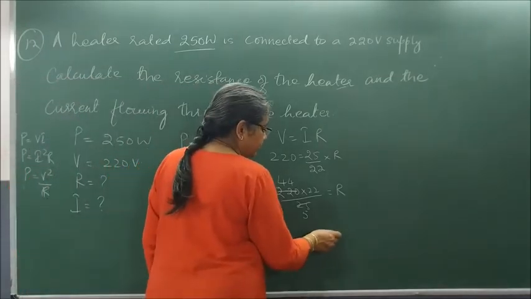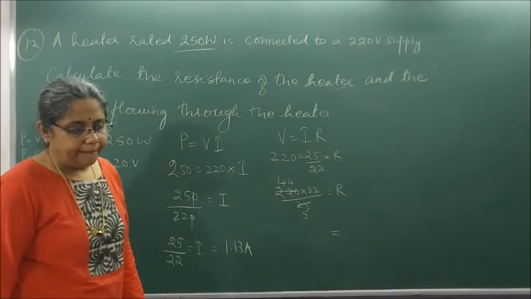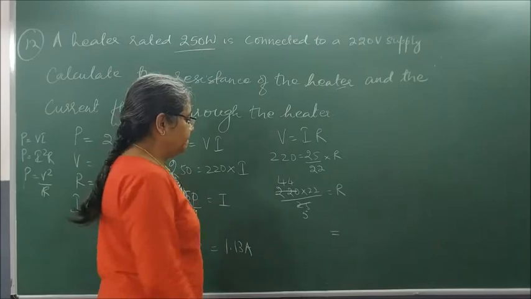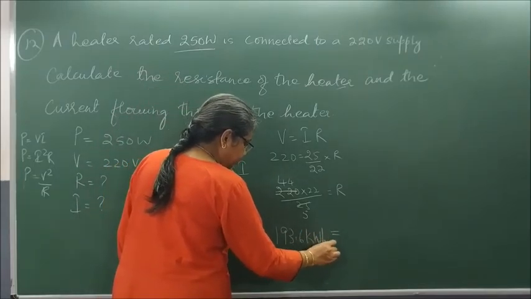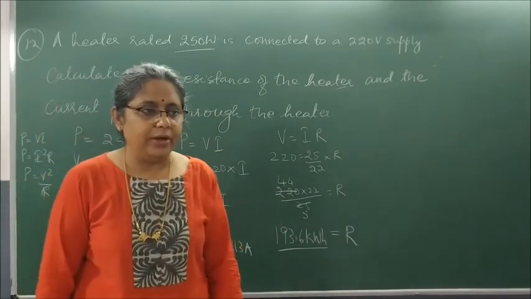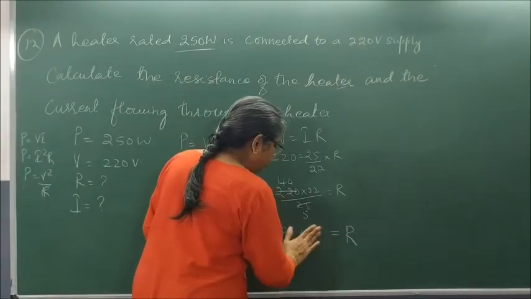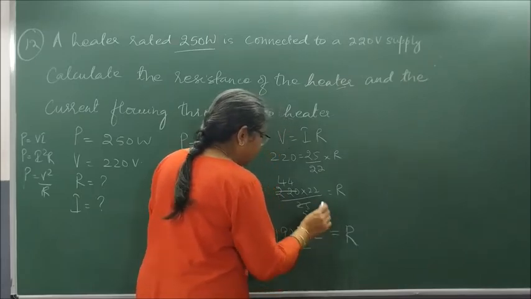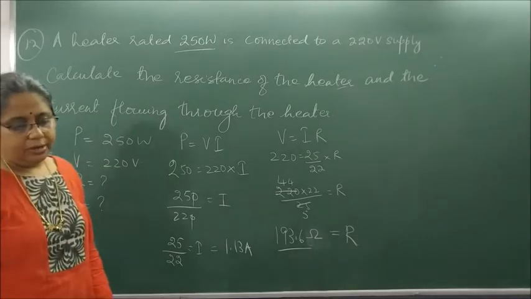It is 193.6 ohms, this is the resistance. So these are simple problems where you use direct substitution of power and resistance.